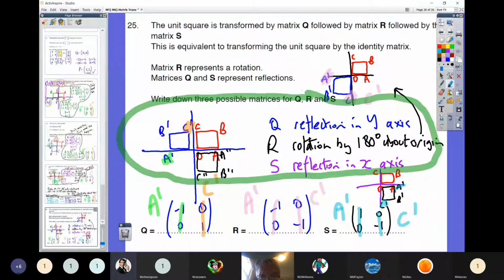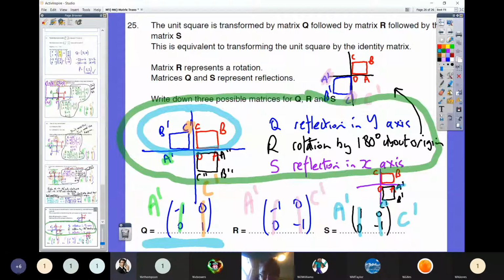That's the diagram over on the left that I'm doing in light blue. Where do A dash and C dash end up when reflecting in the y-axis? A dash ends up at -1, 0, and C dash ends up at 0, 1. Hence that answer for Q.